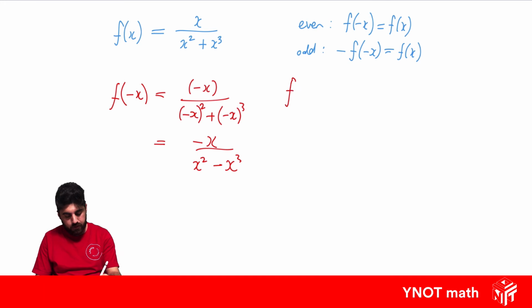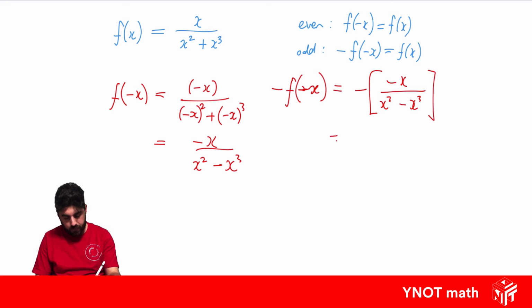So we can look at minus f of minus x. And all we have to do here, we already know f of minus x, it's this, and we can just put a negative in front of the whole thing. So it ends up being negative outside of our function for f of minus x. So we can just put our minus in our numerator.